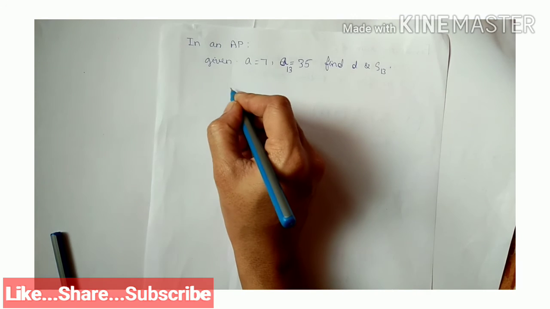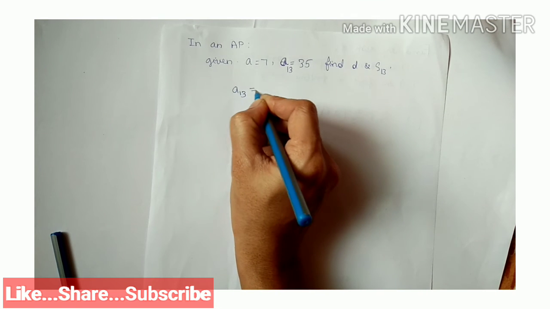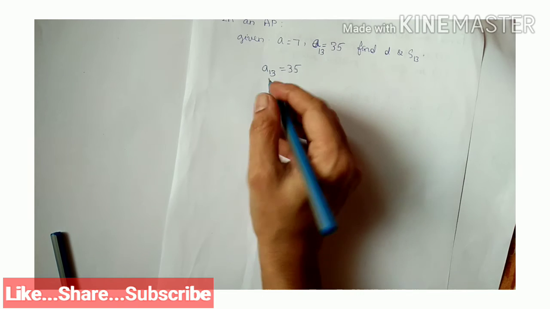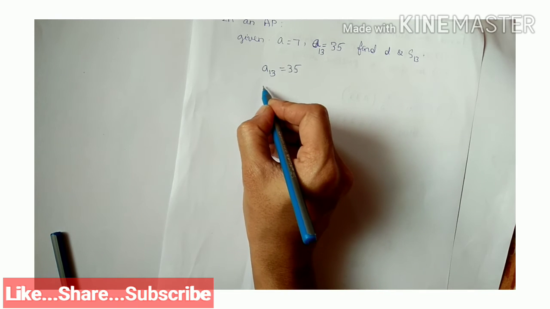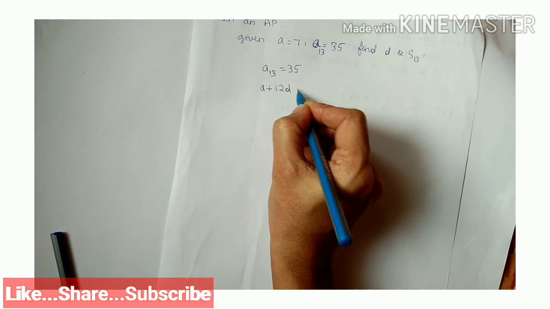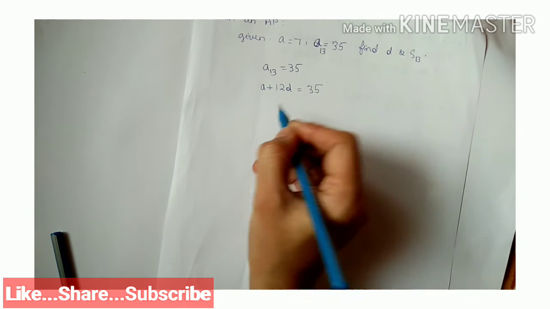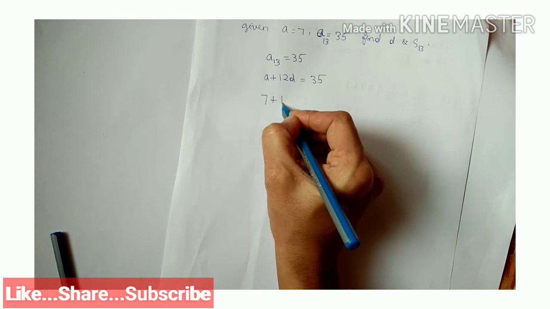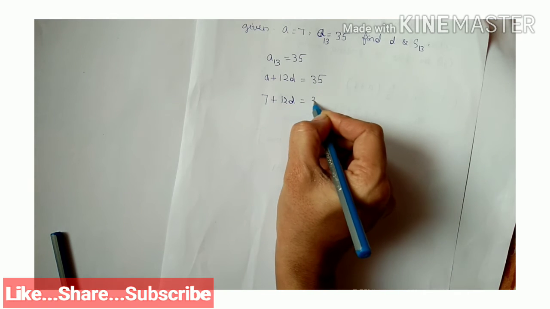Therefore, a13 is equal to 35. a13 can be written as a plus 13 minus 1 into d, 12d is equal to 35. First term a is 7 plus 12 into d is equal to 35.